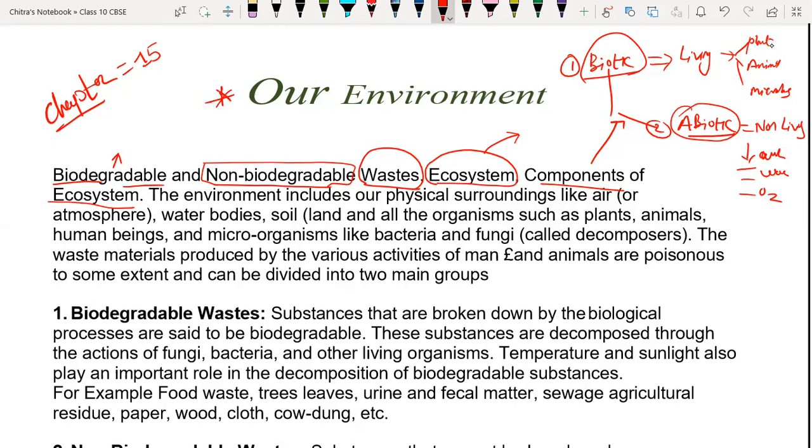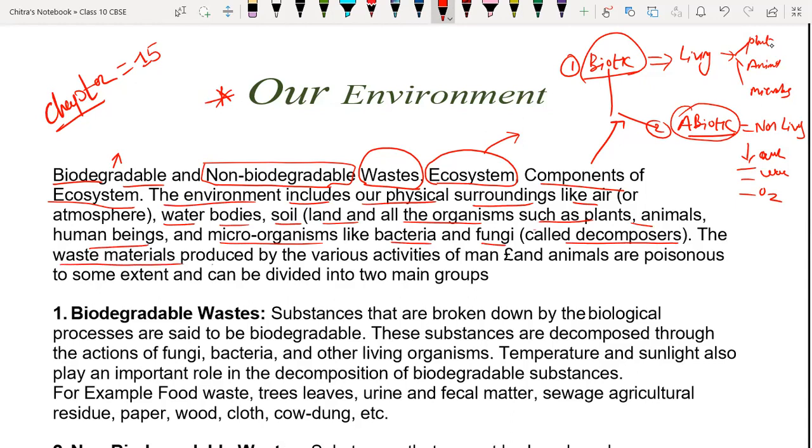Okay, so the environment includes the physical surroundings like air, water bodies, soil, land, and all the organisms such as plants, animals, human beings, and microorganisms like bacteria, fungi, even microbes like virus also, and the decomposers.